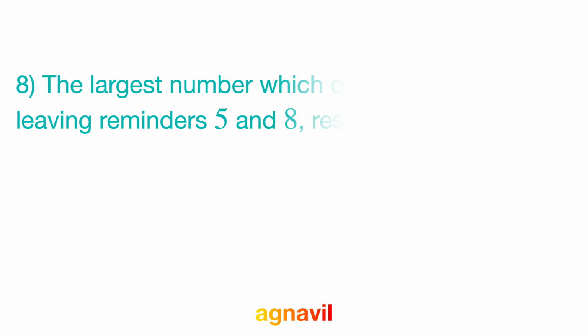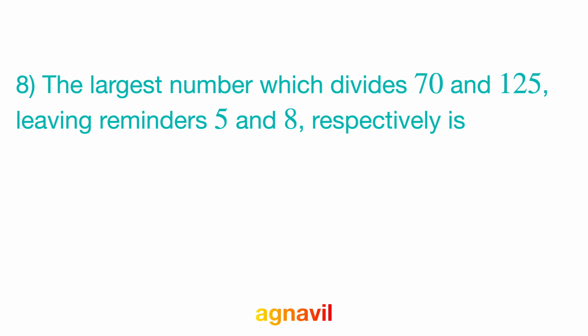The largest number which divides 70 and 125, leaving remainders 5 and 8 respectively, is. To solve this problem, it is good to first represent both 70 and 125 with their divisor, quotient and remainder.